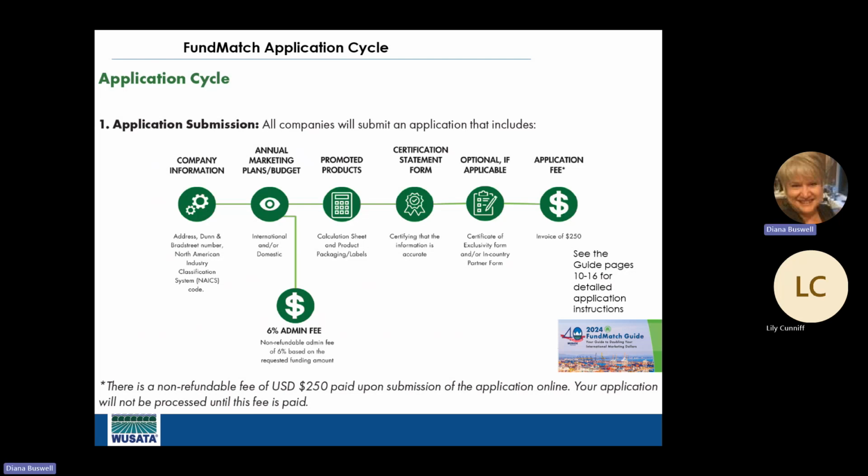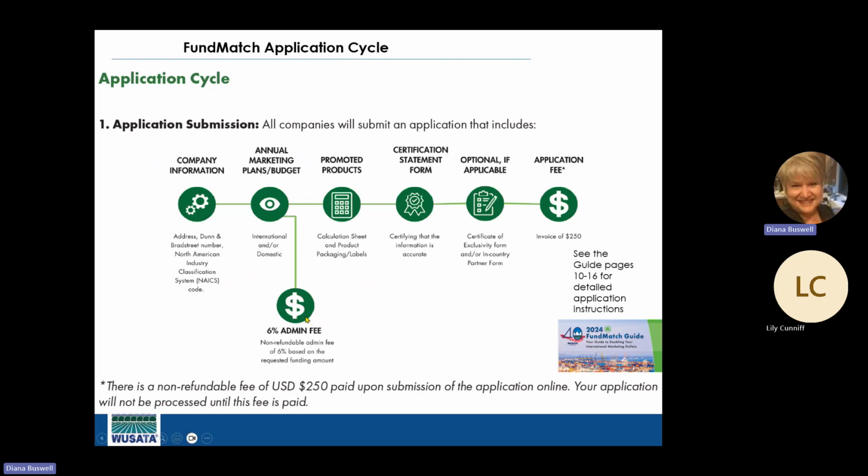And this is the application cycle, that is the part of the online process. When you sign on to your WSATA account, you'll select the year that you want to have your expenses. And the application cycle includes the company information, your annual marketing plans and budget.